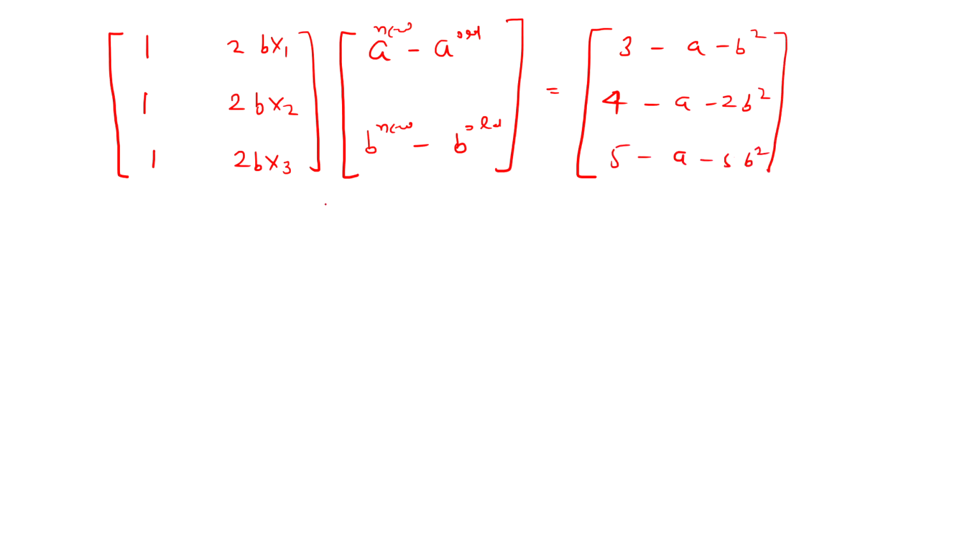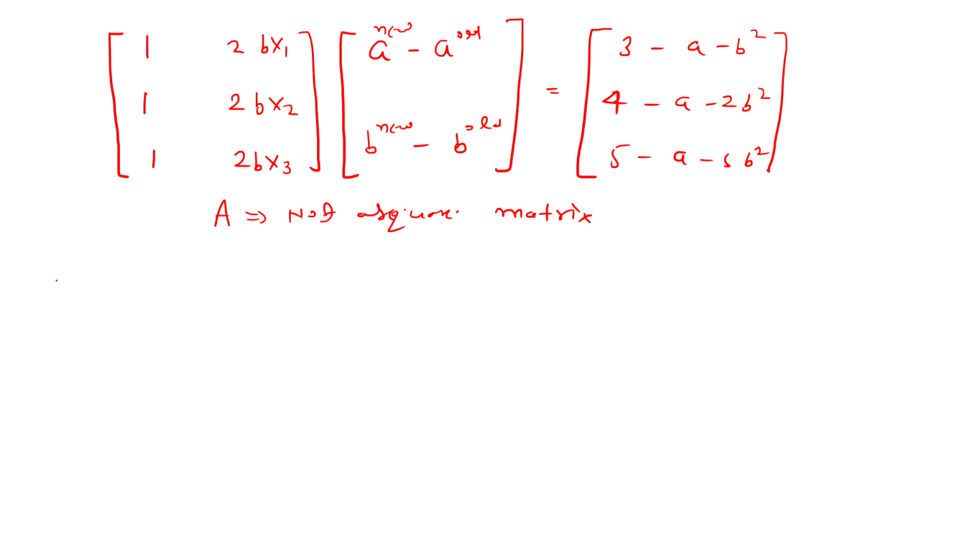Now as you can see, this matrix is not a square matrix. So direct inversion is not possible. So what we will do is multiply with the transpose of this matrix.